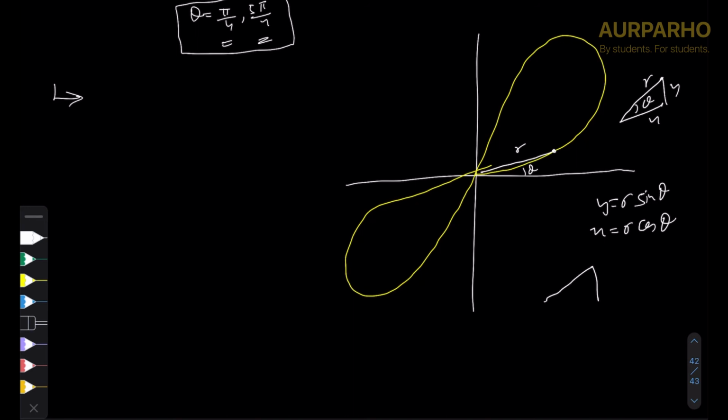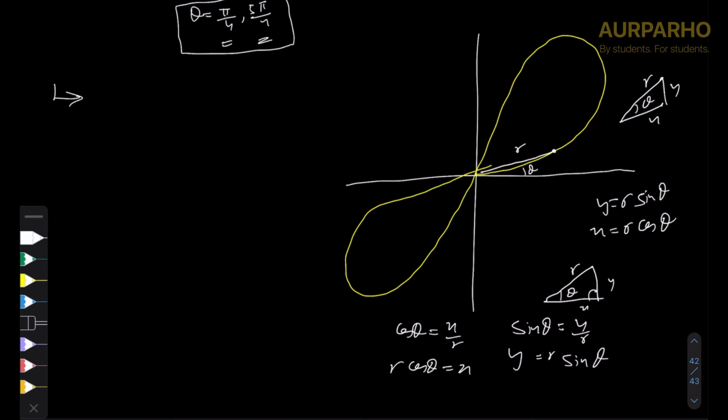Just to show you quickly, this would be theta, this would be r, this is y, this is x. Sine of theta is y over r, so y is r sine theta. And cos theta is x over r, so x is r cos theta.